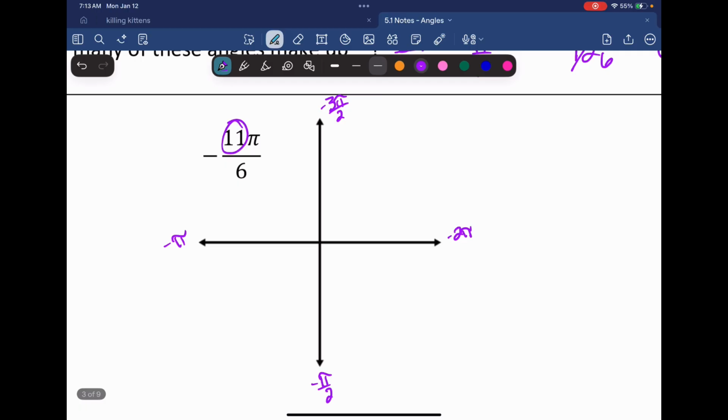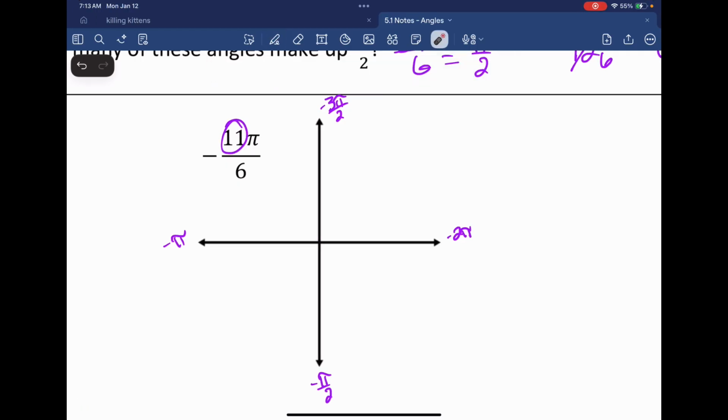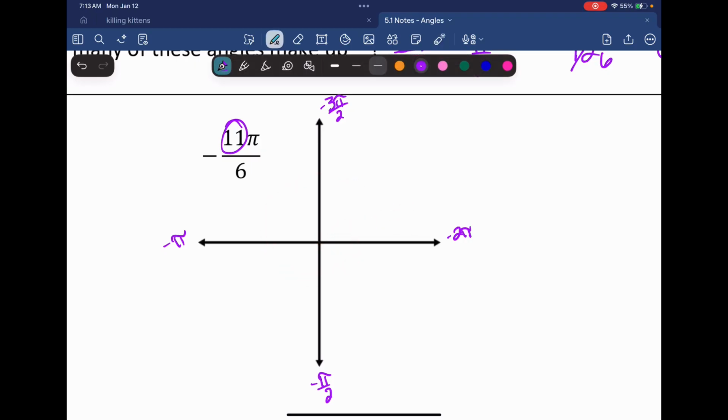All right, I need 11. So that means I'm going to fall somewhere in here with the rotation of that direction. So initial side, terminal side, rotation, that's terrible. Negative 11 pi over 6.